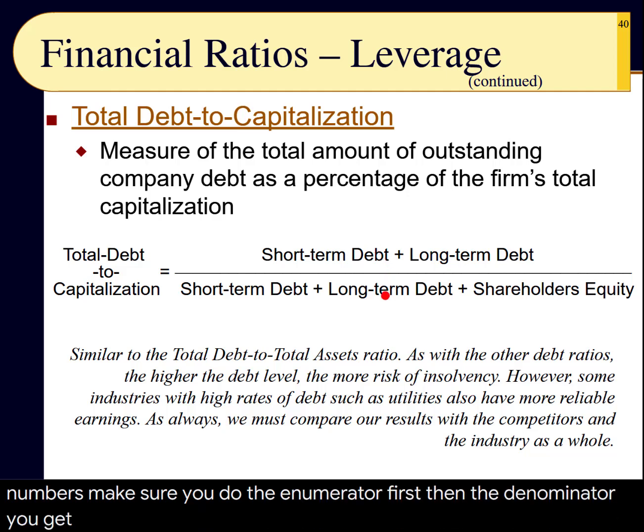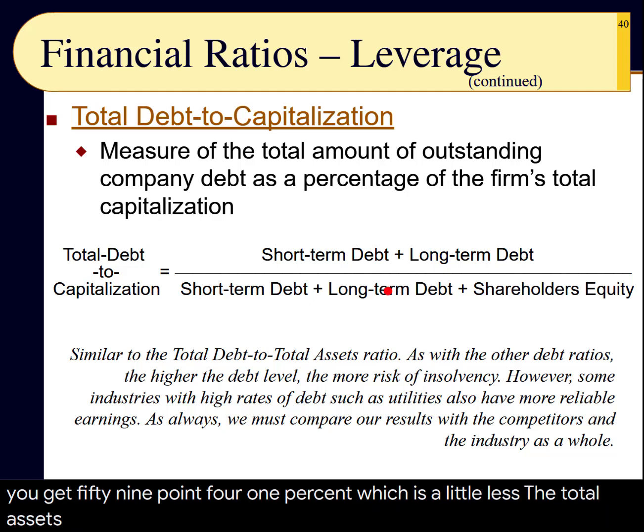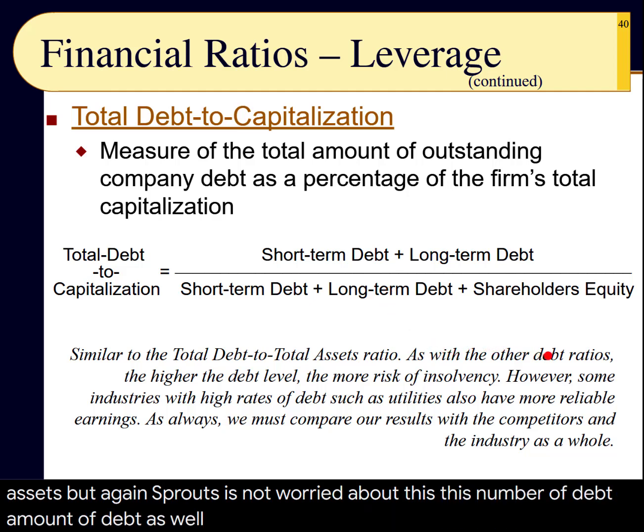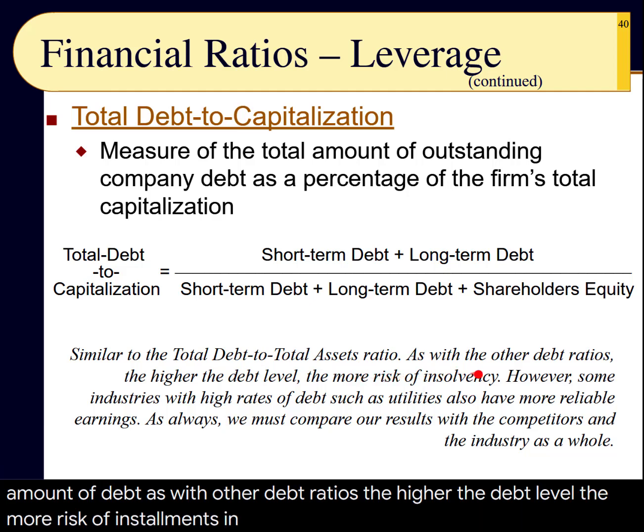You get 59.41%, which is a little less than the 68% we saw with total debt to total assets. But again, Sprouts is not worried about this amount of debt. As with other debt ratios, the higher the debt level, the more risk of insolvency.